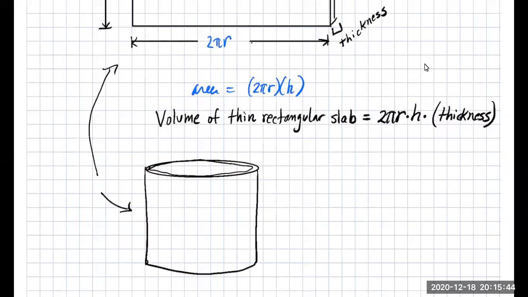Remember when we referred to that as a soda can? A soda can with the top and the bottom removed, that's like a cylindrical shell. It does have a thickness to it. It's barely detectable, but it's got a thickness to it.